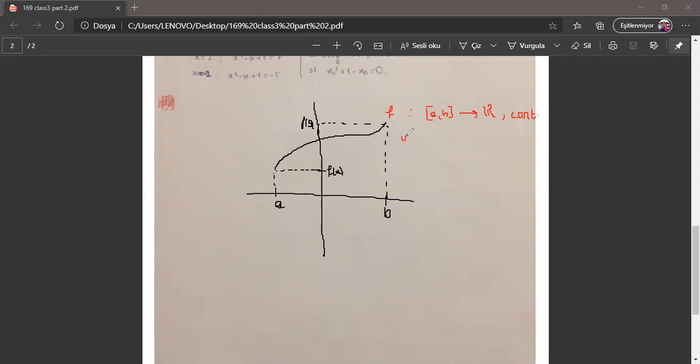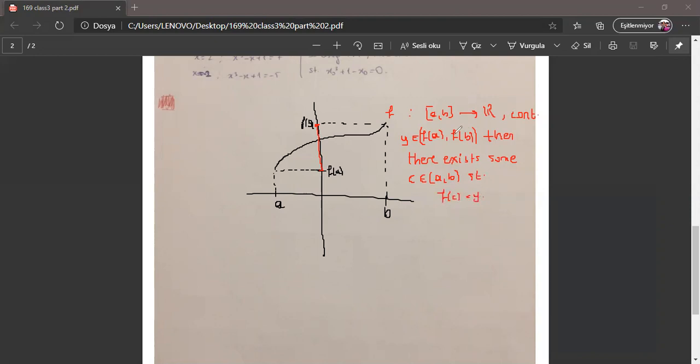Then, for any number that you can pick from this interval between them, right? So it says if you have a continuous function, then for any number y that you can pick between these two values, there exists some number, let's call it c, which is between a and b, such that f of c equals y, okay?